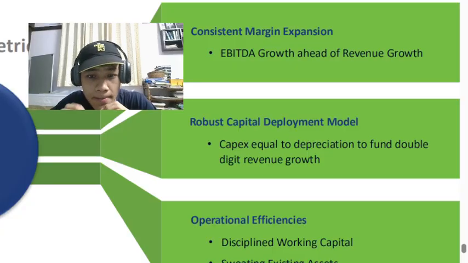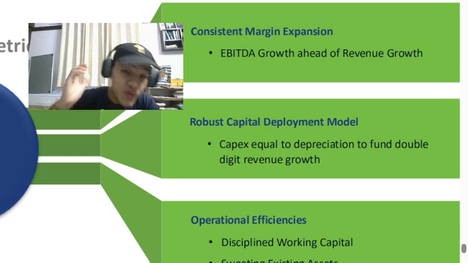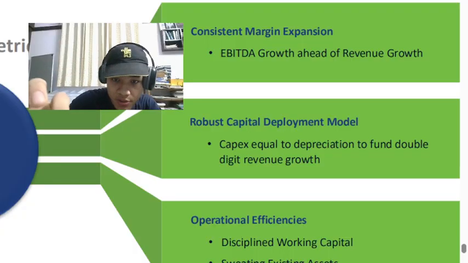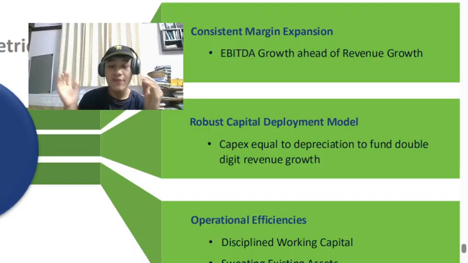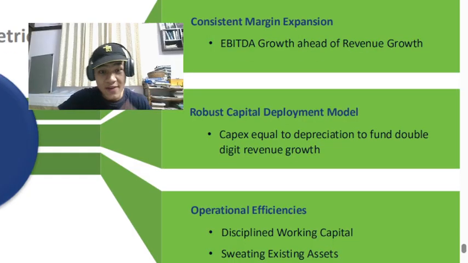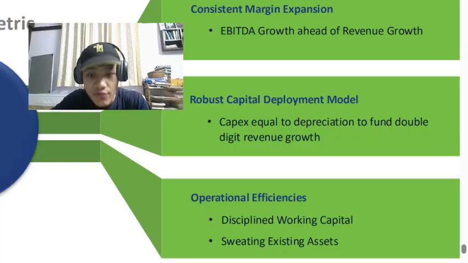Meaning, if depreciation was way more than capex, that may indicate a bit of underinvestment. But they're going to be having their capex equal to depreciation. Depreciation is how much the assets are declining in value. They're going to invest that much in assets so they can fund double-digit revenue growth.